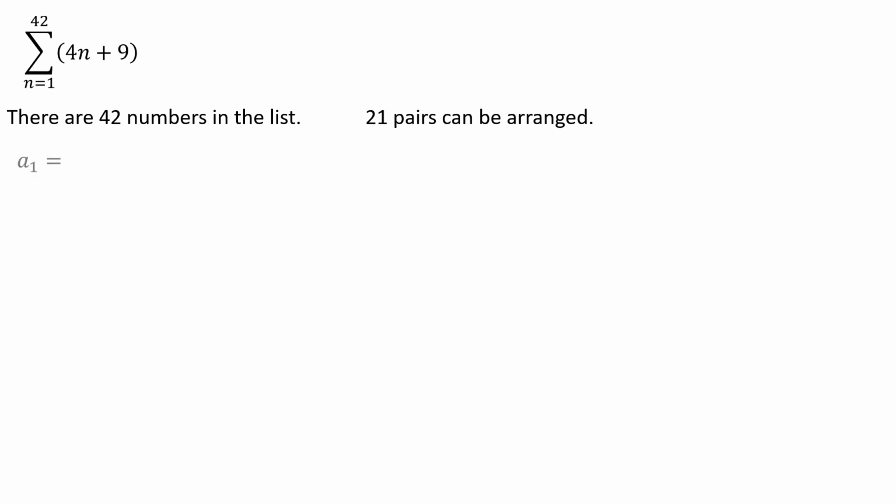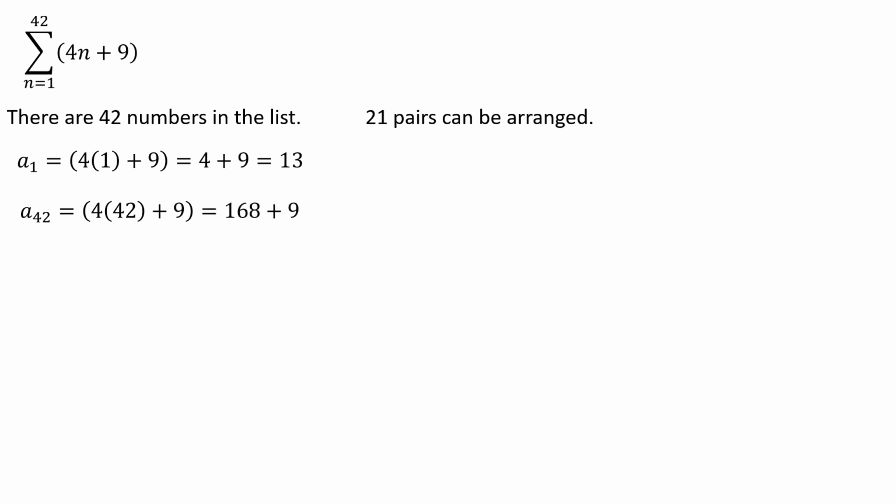First number in the list, well, I gotta go 4 times 1 plus 9. 4 times 1 plus 9 is 13. That's the first number. The last number in the list, well, I gotta plug in 42. I go 4 times 42 plus 9. I'd use a calculator. I get 177.